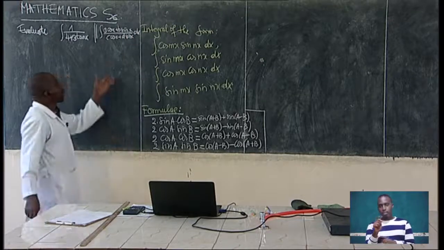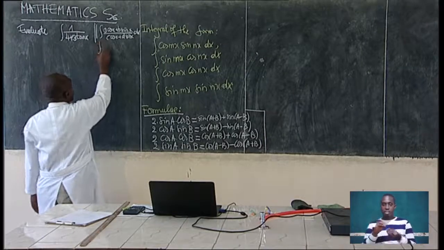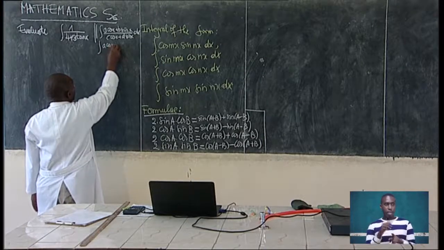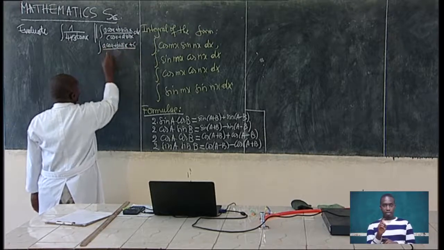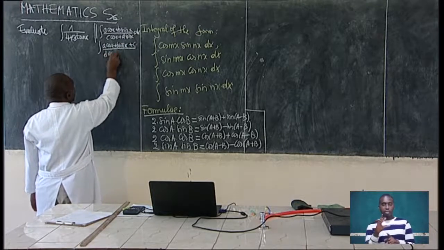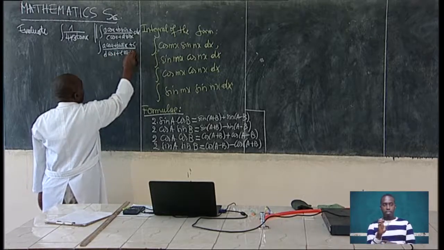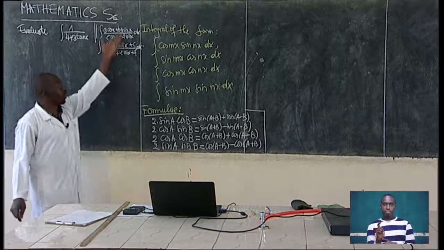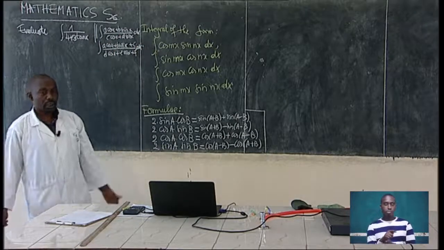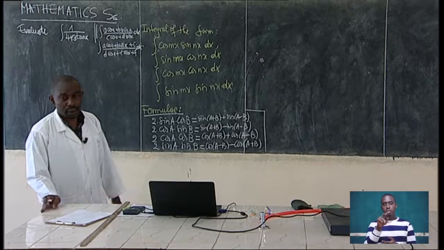Of course, a, b, c, d are real numbers, or a cos x plus b sine x plus c divided by d cos x plus e sine x plus f dx. This is a kind of integral involving a polynomial trigonometric numerator and denominator.